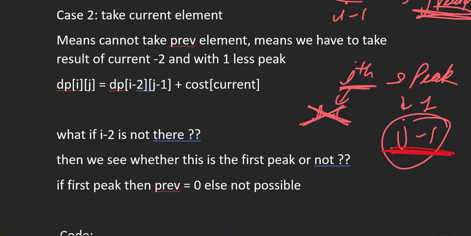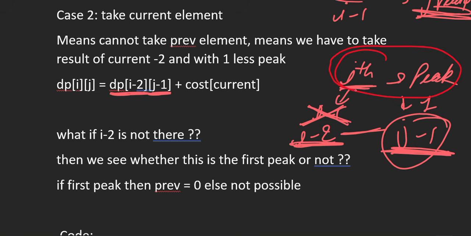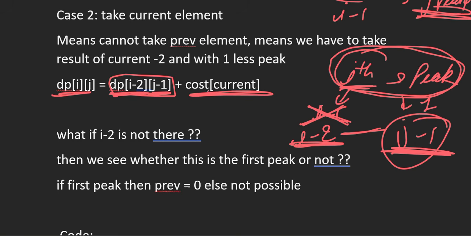So to find j minus 1 peaks, how many elements are left with us? i minus 2 elements. So we have to find j minus 1 peaks using i minus 2 elements. That is dp of i minus 2 j minus 1. And we also have to add the cost to make the ith element a peak. So dp of i j is equal to dp of i minus 2 j minus 1 plus the cost to make the current element a peak element.